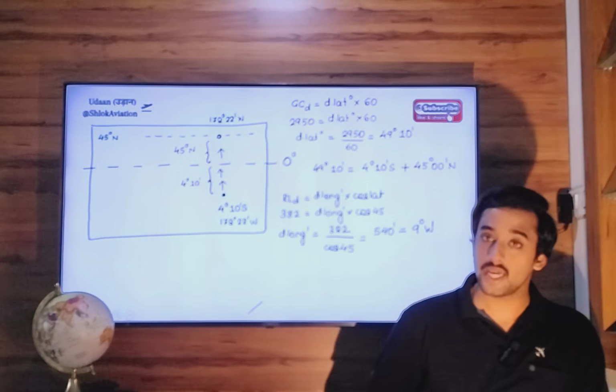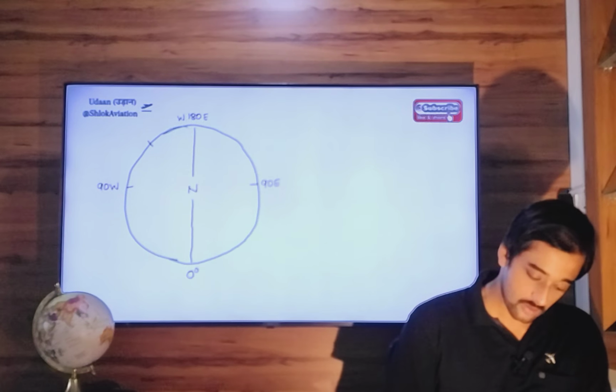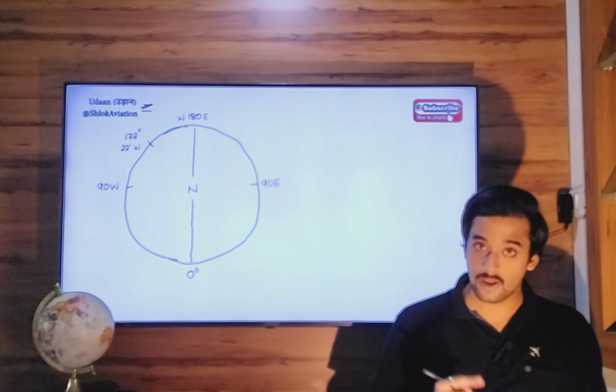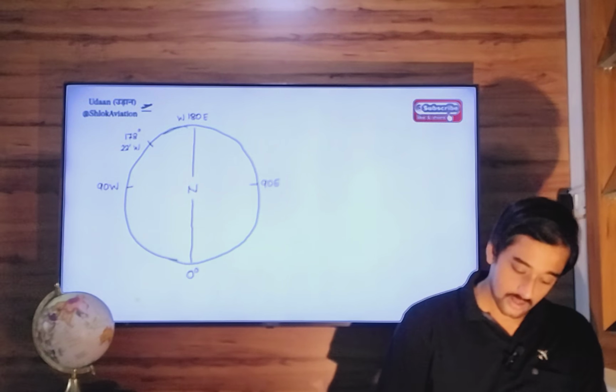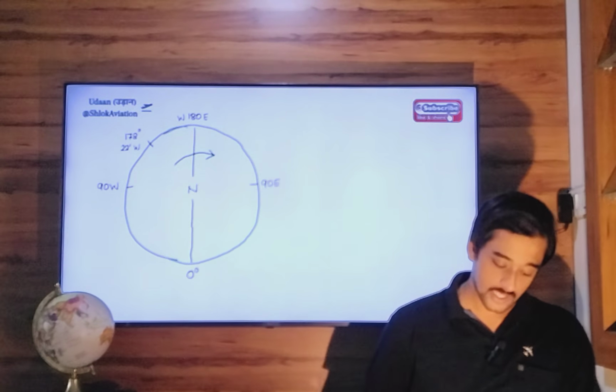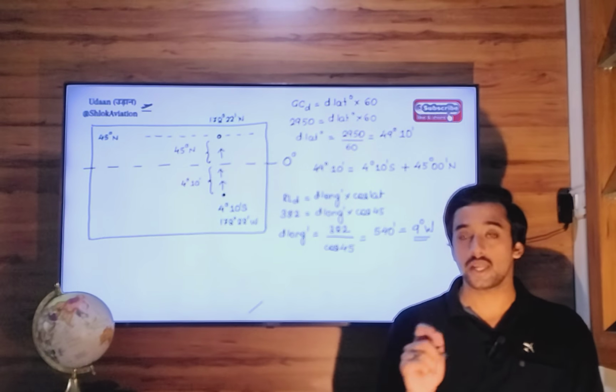So 178 degree 22 minutes west. Now you are flying in the westerly direction. That means you are flying clockwise direction. Okay, westerly directions are clockwise. Now 9 degree west is the change in d long.